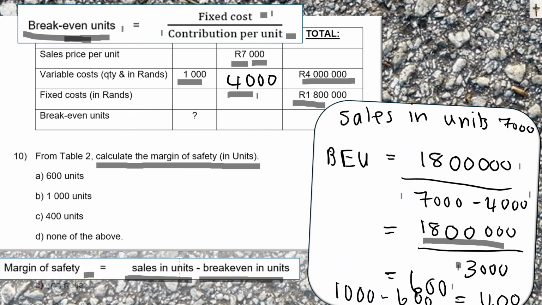But in order to calculate the margin of safety in units, we say the sales in units, which is 1,000, minus the break-even in units, which we just calculated as 600, and 1,000 minus 600 is equal to 400. So the margin of safety is 400 units.